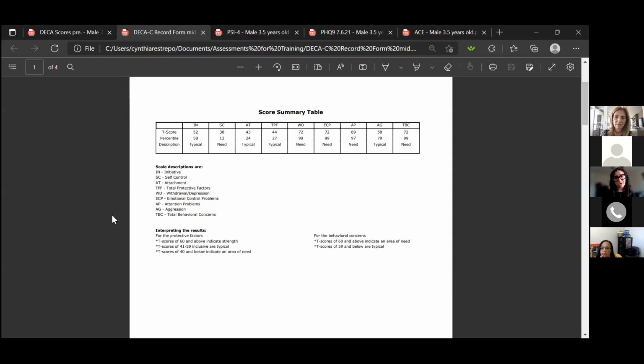When we talked about this DECA, I had at this point pretty good therapeutic rapport with them. I did have a conversation with mom about how I'm concerned for her, about what I've noticed with her decline, and that she seems to be struggling with the client's behaviors more. And she cried.